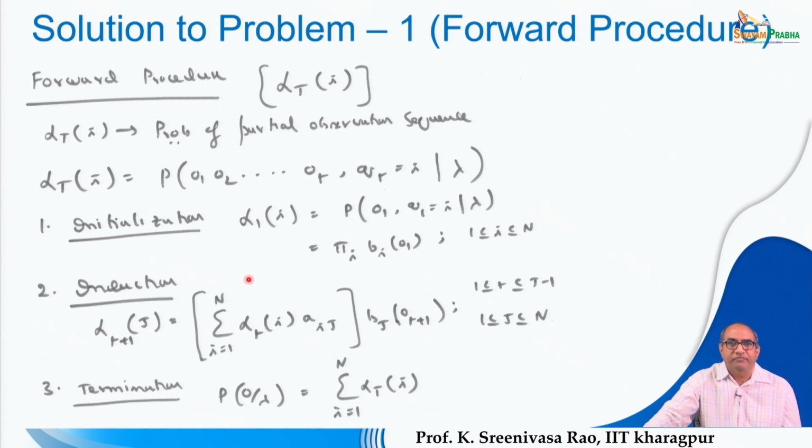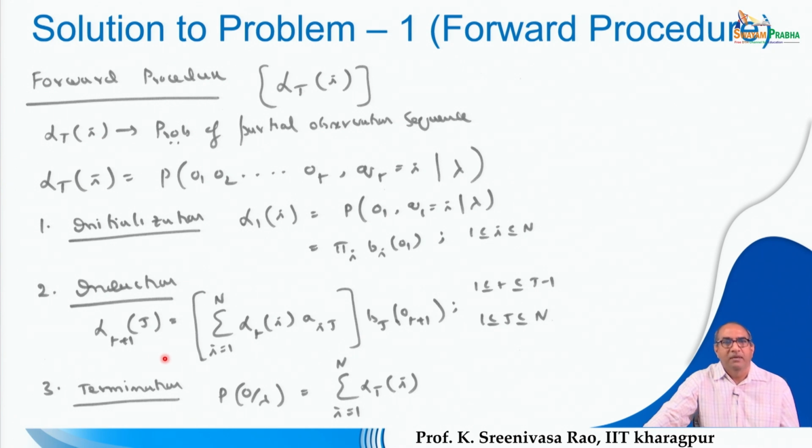Then the induction step is the intermediate step, where we prove this by induction. In the induction step we estimate, at t plus 1, the probability of the partial observation sequence, alpha t plus 1 of j.